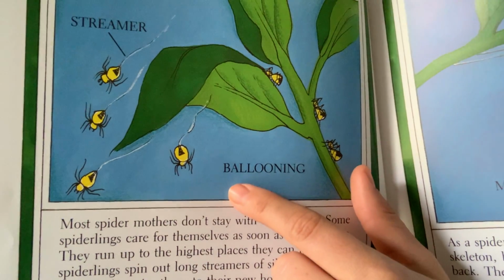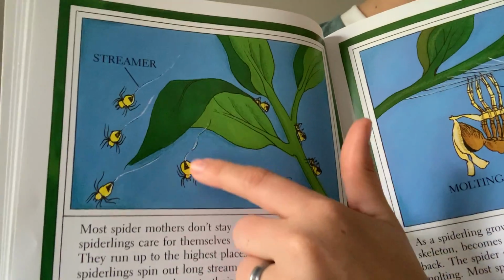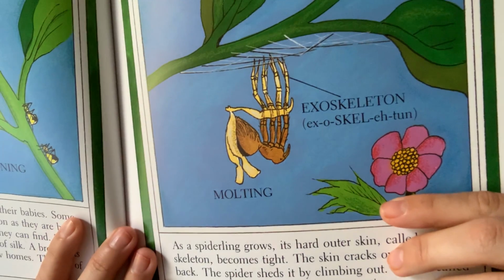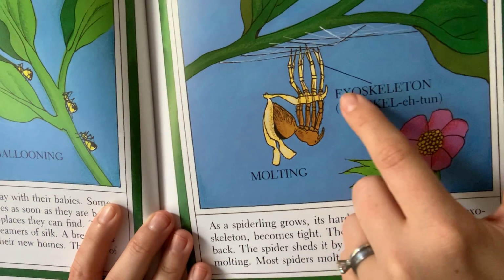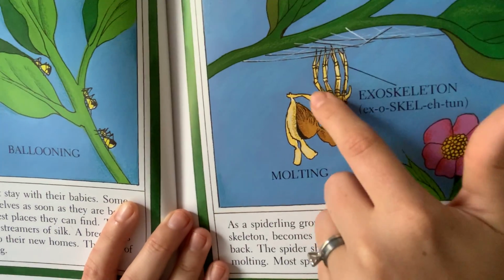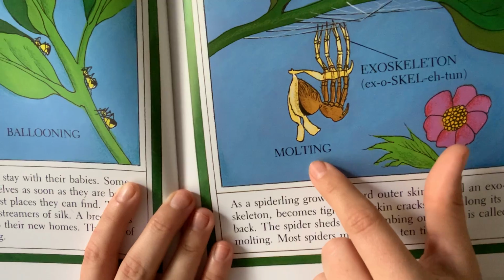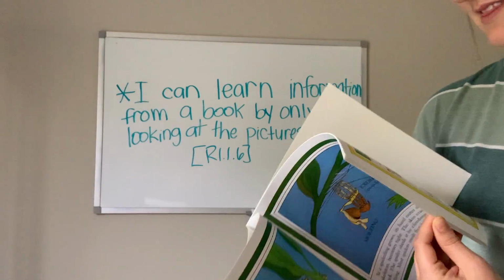And this says ballooning. Okay, maybe that's what they're doing right here. They're ballooning. I don't know. All right. Here we see this big word. It says exoskeleton, and it's pointing over here to the skeleton-like thing. And this says molting.